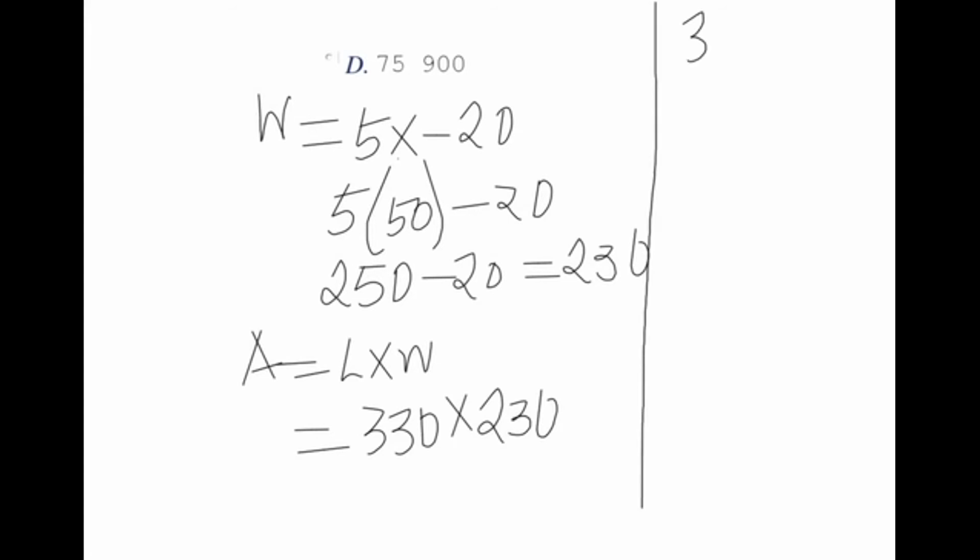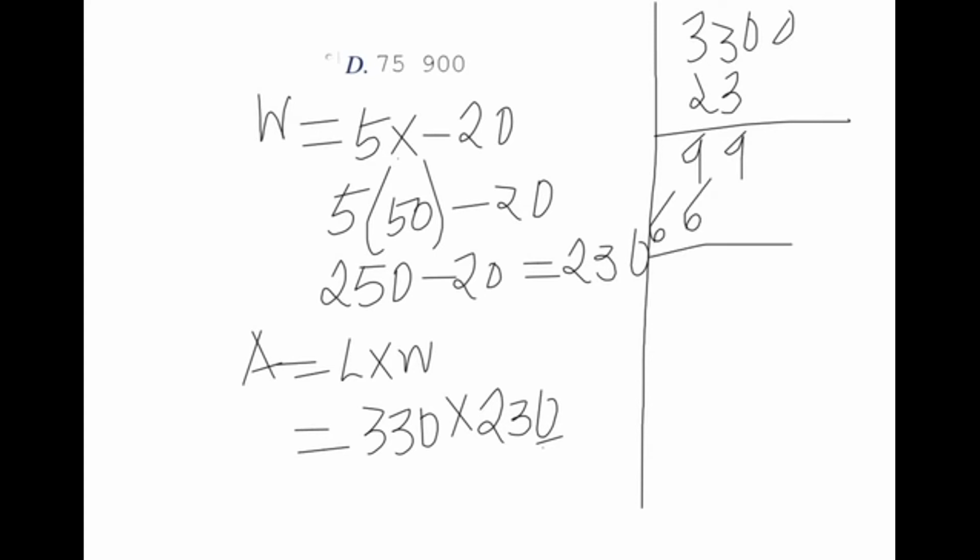So we have 330 multiplied by 23, adding another zero. 3 times 3 is 9, 3 times 3 is 9, 2 times 3 is 6, 2 times 3 is 6. Adding, 9 plus 0 is 9, 9 plus 6 is 15, carry 1, 1 plus 6 is 7. So we have 759.